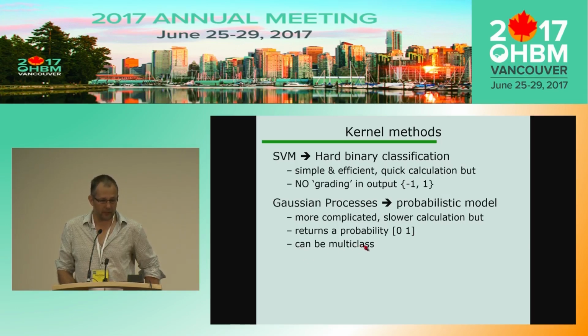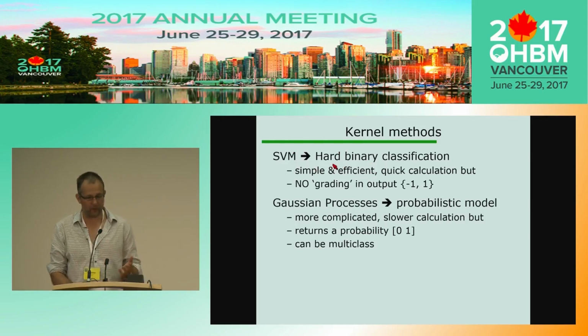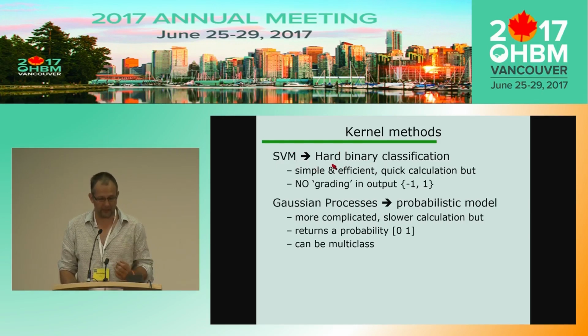They can also be extended to multiple classes, because you would get a probability of being in class A or class B, just a number between 0 and 1. Then you can extend that to classes A, B, and C in a more efficient way than SVM, which is more of a binary machine from the way it's defined.